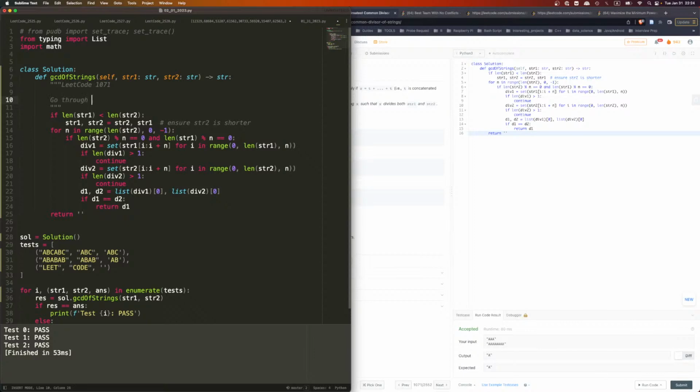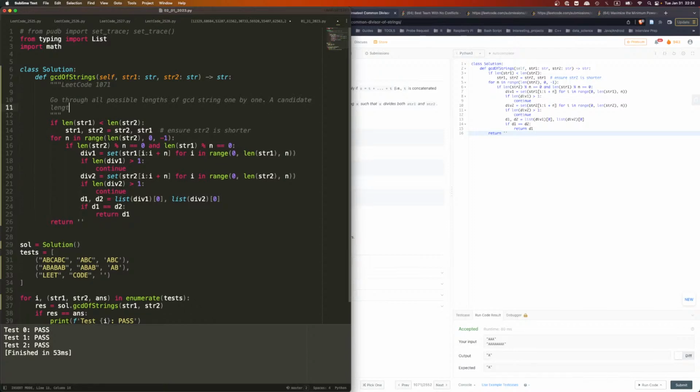Go through all possible lengths of GCD string one by one. A candidate length must divide the length of str1 and str2.